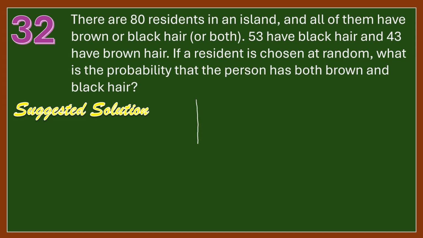Let the universal set be represented by the rectangle. The total number of residents is 80. Then we have 53 who have black hair. Let BH be black hair, so this is 53. And let 43 have brown hair.